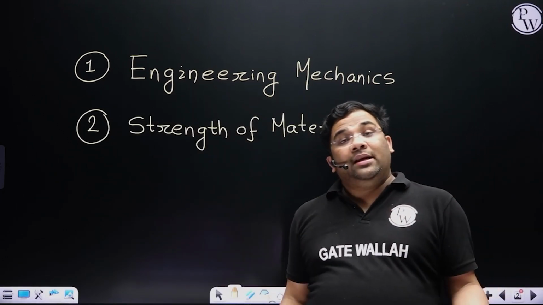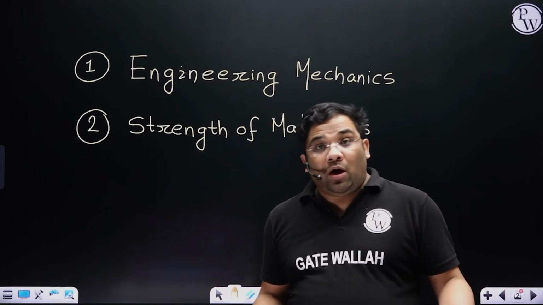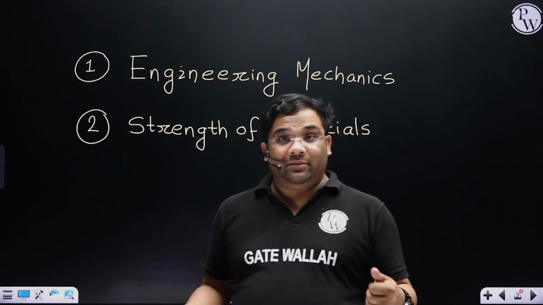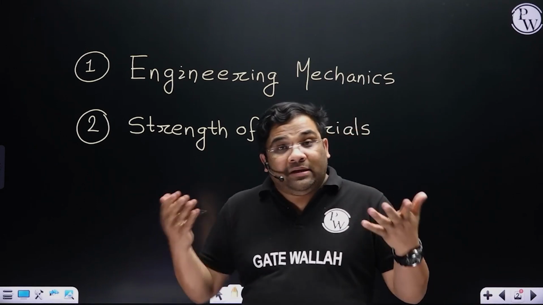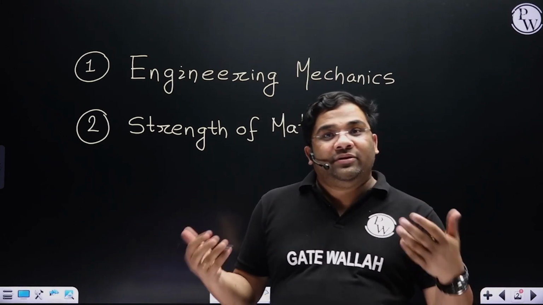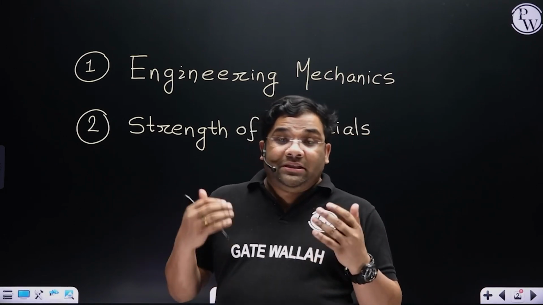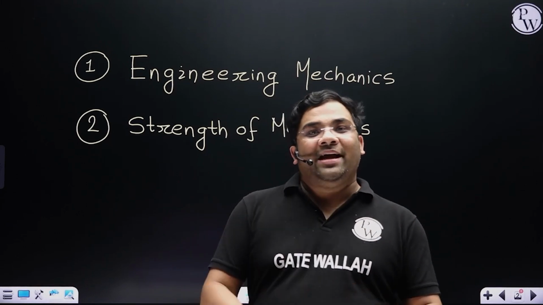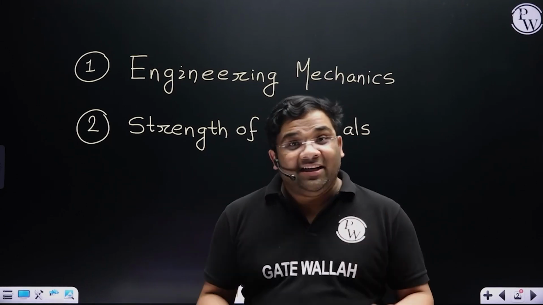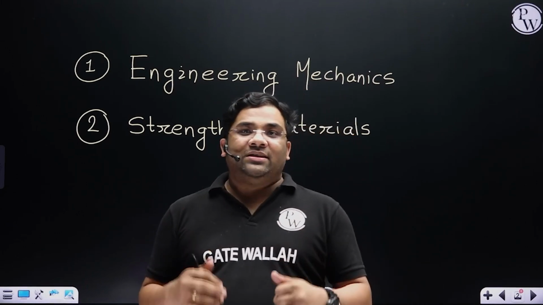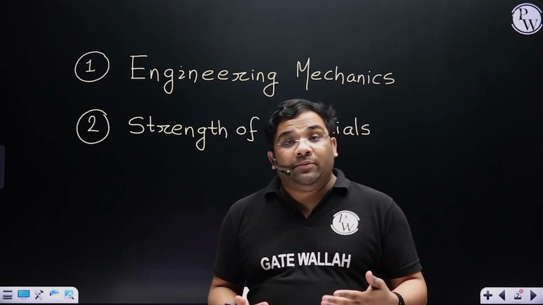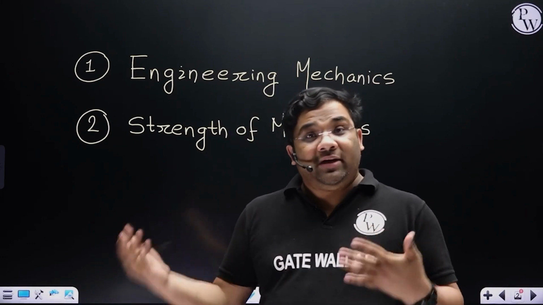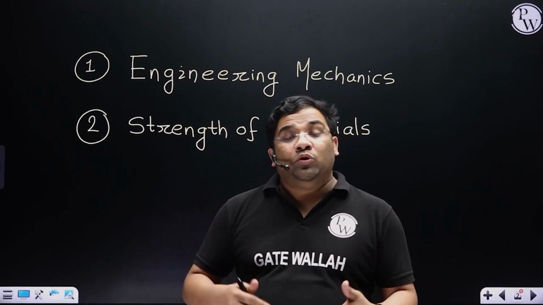In strength of materials, you need to understand the concepts of simple stress and strain, the elastic constants, the deformation of bars, thermal stresses, the concept of shear force and bending moment diagram, bending stress, shear stress, shear stress due to torsion, and the transformation of stress and strain, where we understand the Mohr circle.